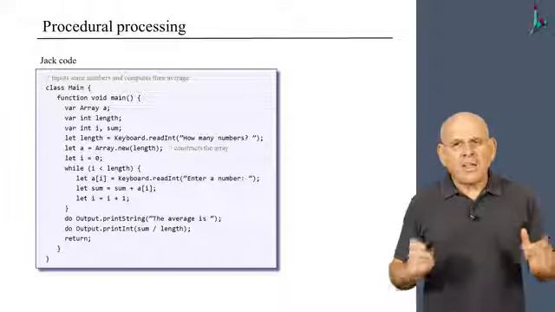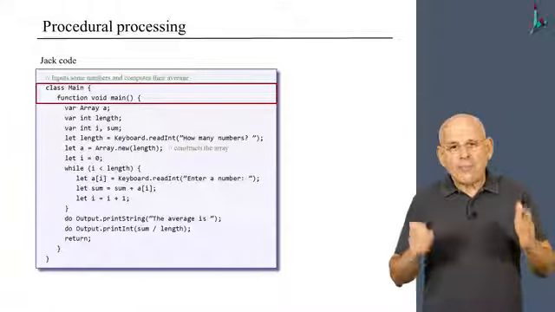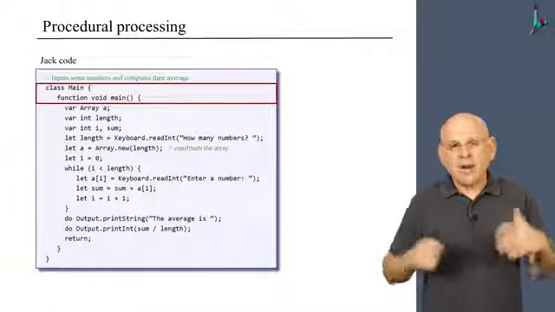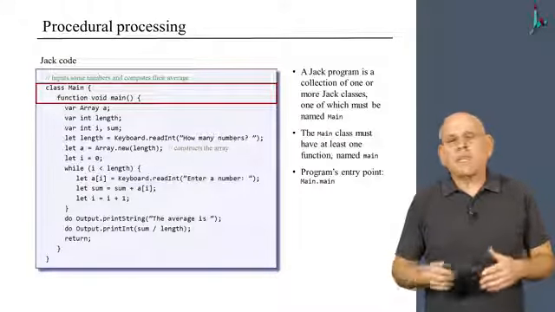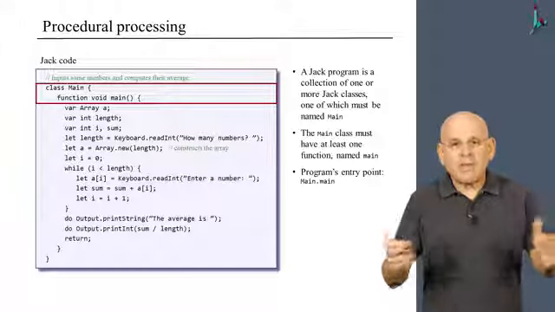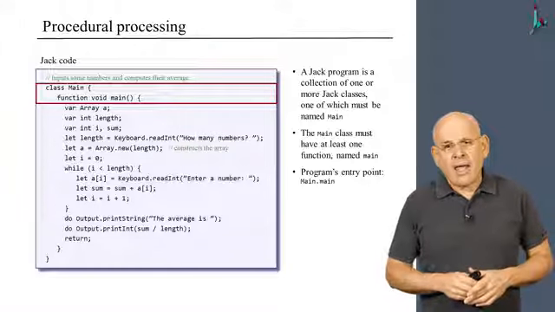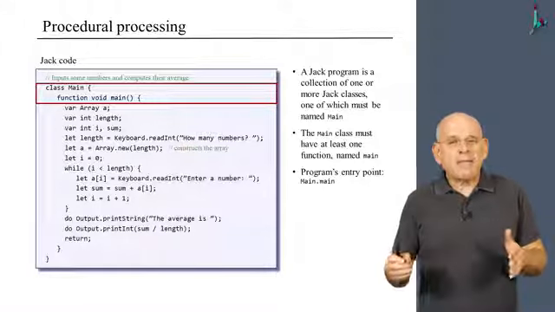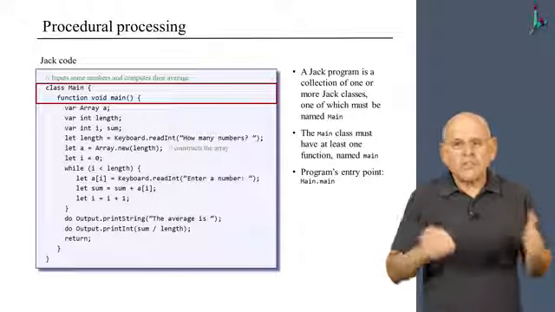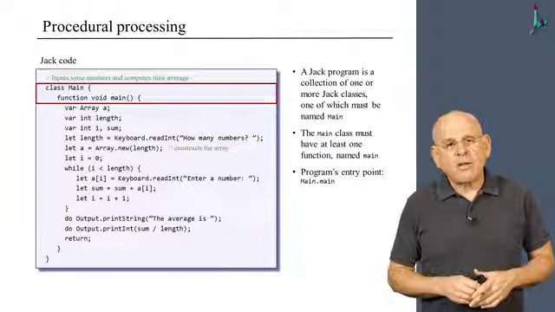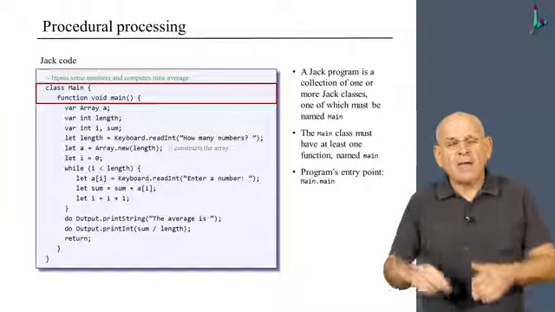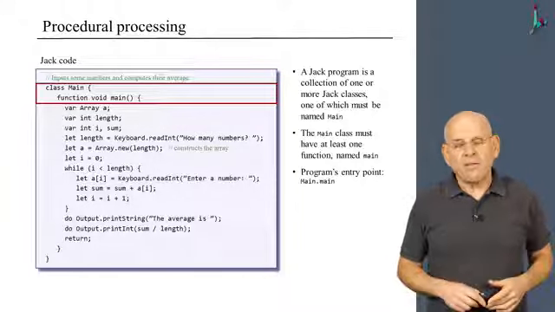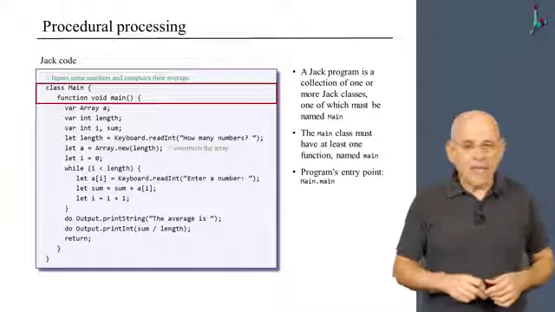Okay, first of all, a Jack program or a Jack application is defined as a collection of classes, one or more classes, and one of these classes must be called main. And within this main class, there should be at least one function, and this function must be called main with the lowercase m, and this main.main serves as the entry point to the Jack application.